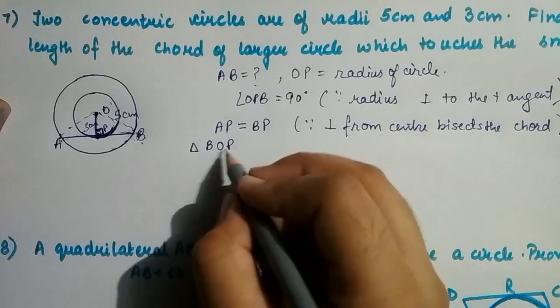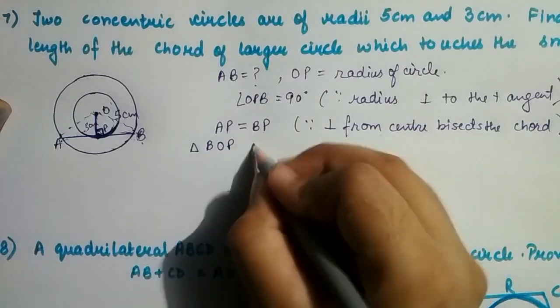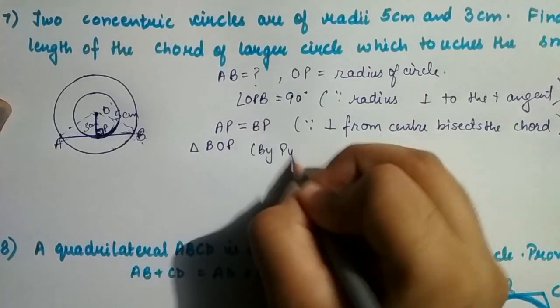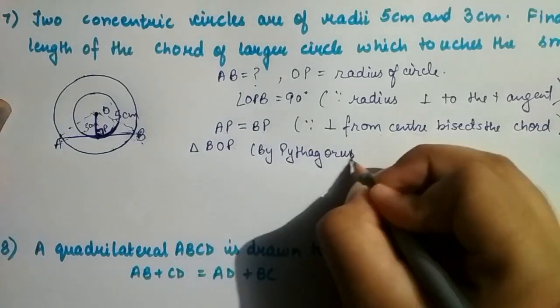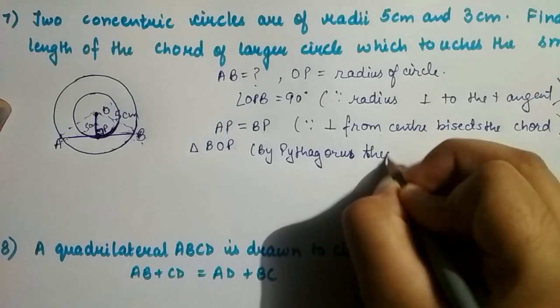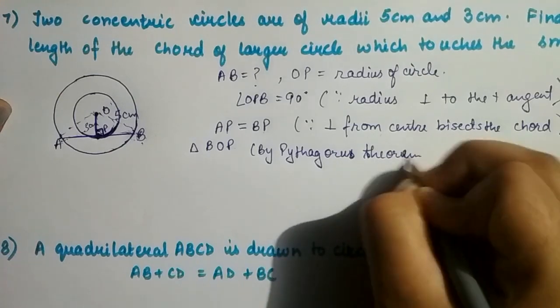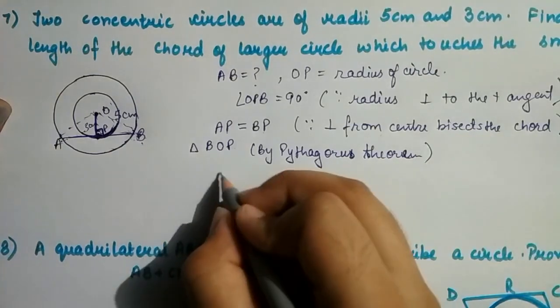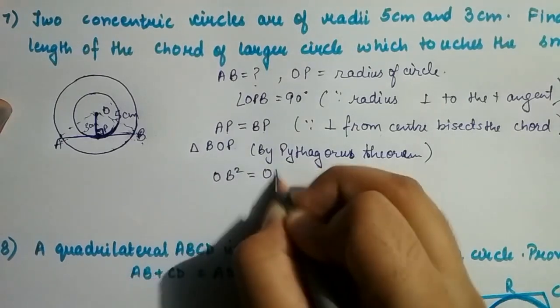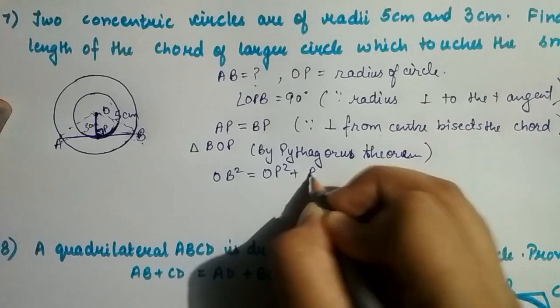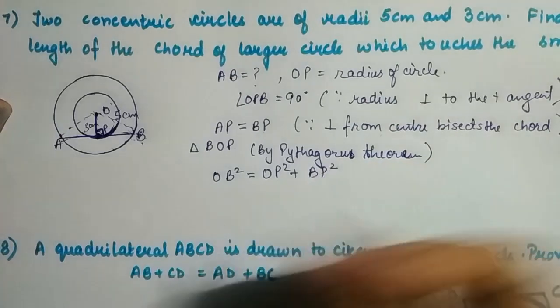So in triangle BOP, by Pythagoras theorem, hypotenuse square, that is OB square, is equal to OP square plus BP square. Now put the values.